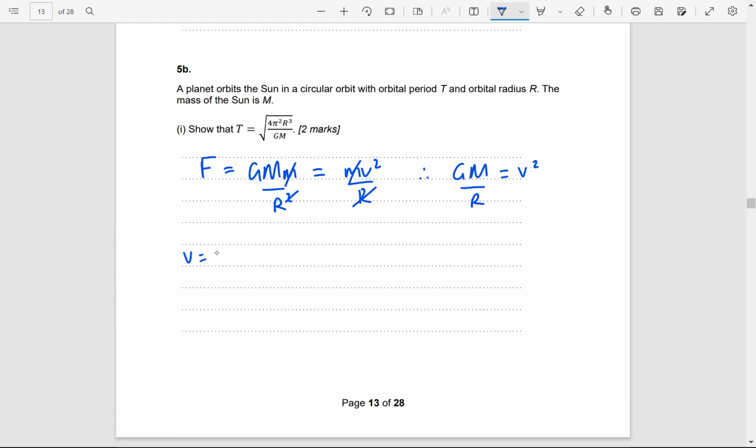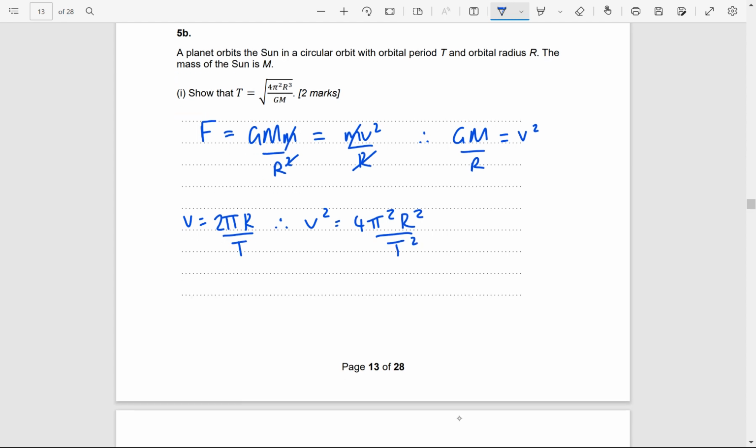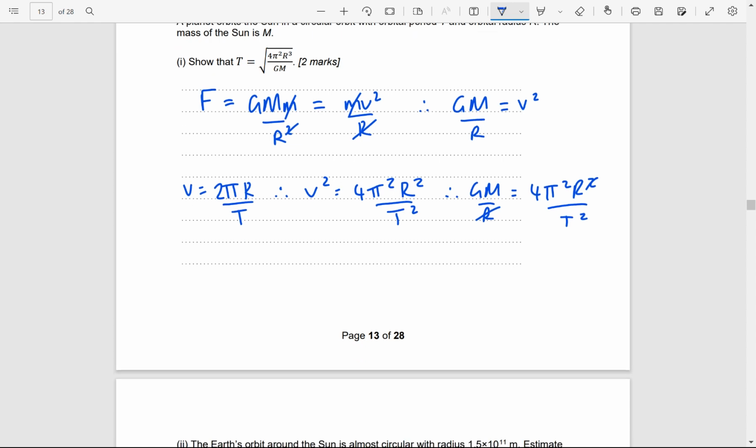So v, what is v? v is the speed of orbit, which is 2 pi r over T. Now we want v squared, 4 pi squared r squared over T squared. So what I'm going to do is say GM over r equals 4 pi squared r squared over T squared. Cancel, cancel. Is there anything else I need to do?